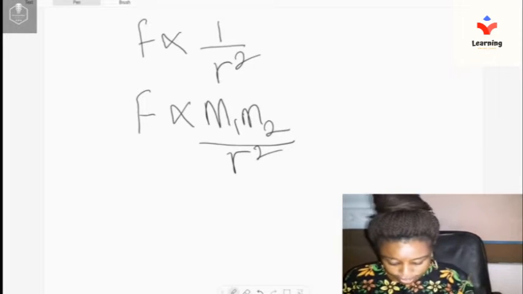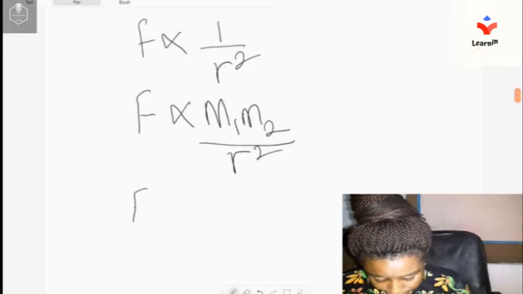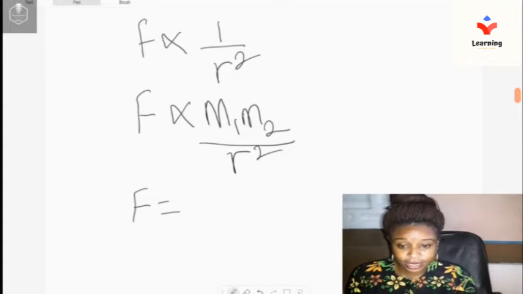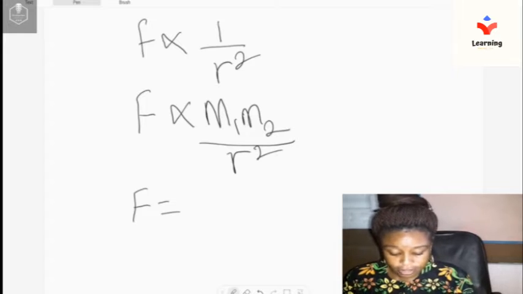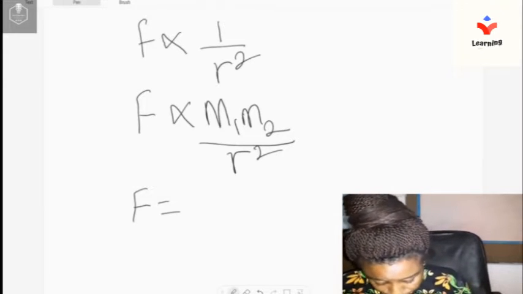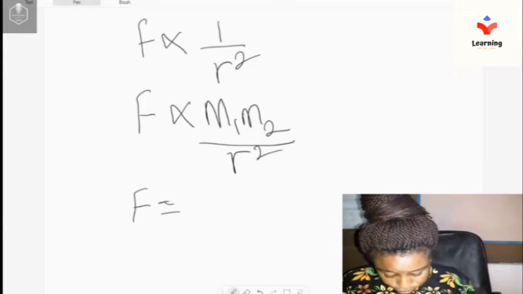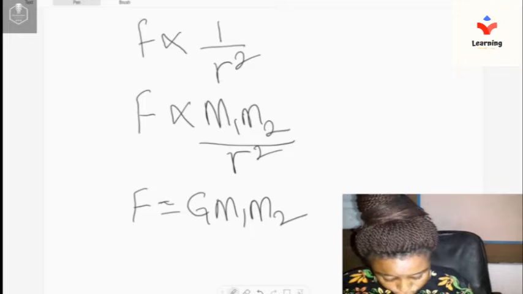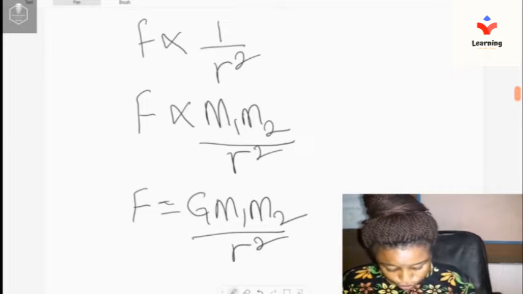So from here, if the sign of proportionality changes to equality sign, there will be a constant that will be added to it, which is our G. F equals G m1 m2 over r squared.